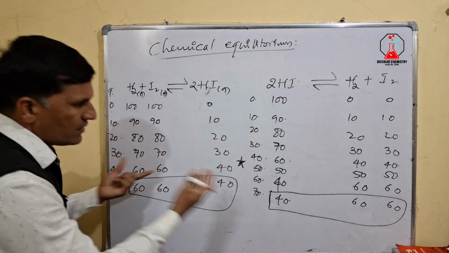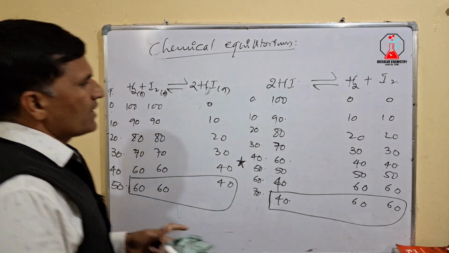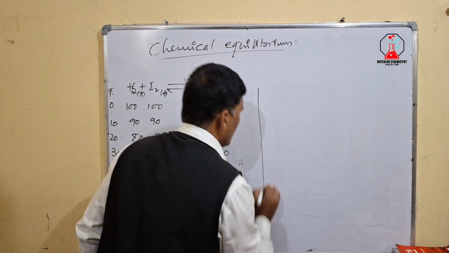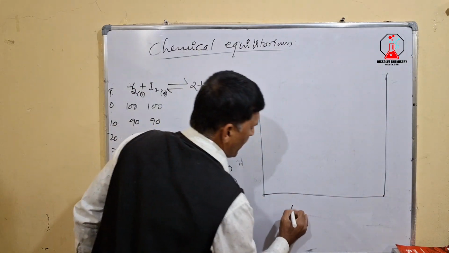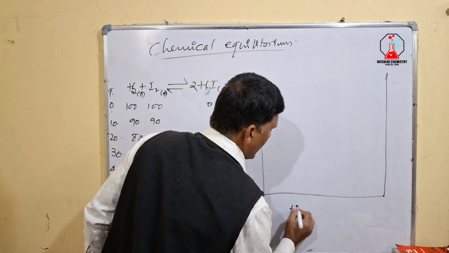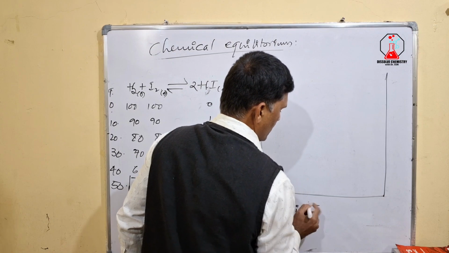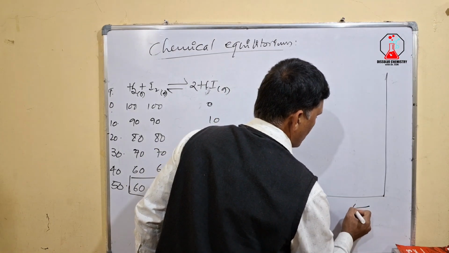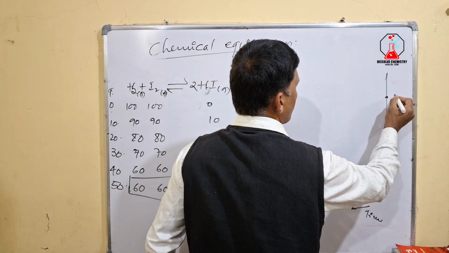Let us see this same thing in terms of a graph. Okay, so then it will be very clear for you. See here, we will take time axis in both the directions, both we are going to plot. So this is the reverse reaction. Okay, so time we will take like this, and we have started this reaction with HI.